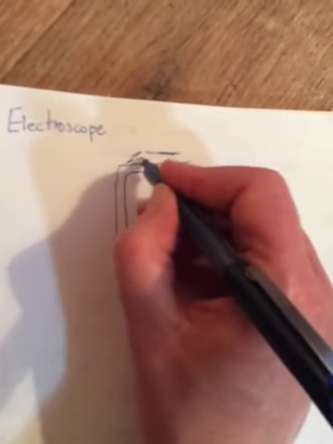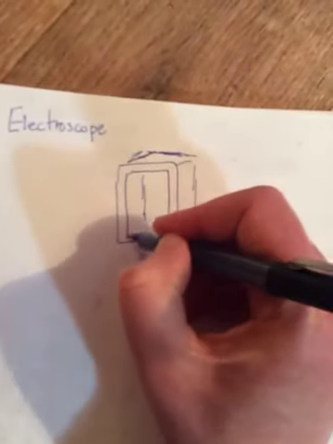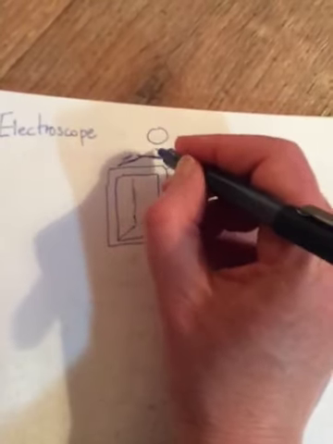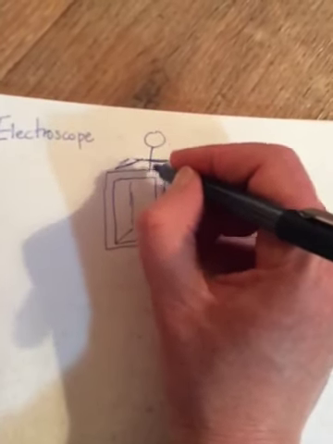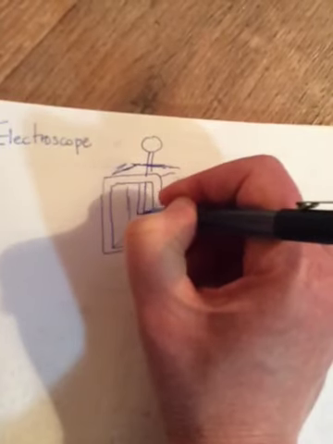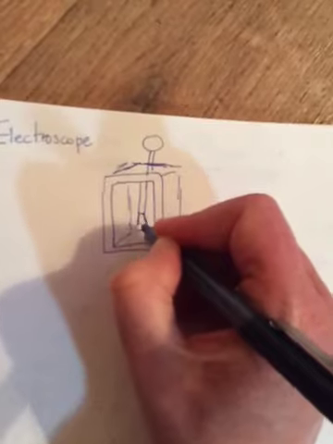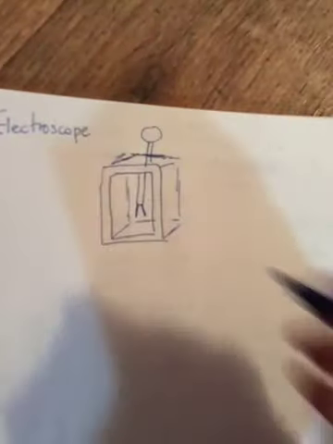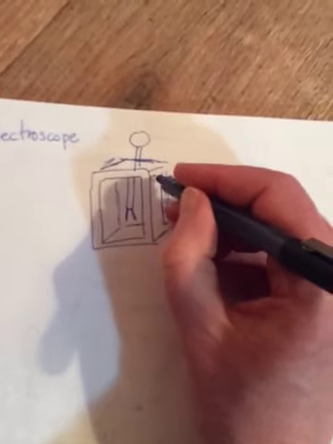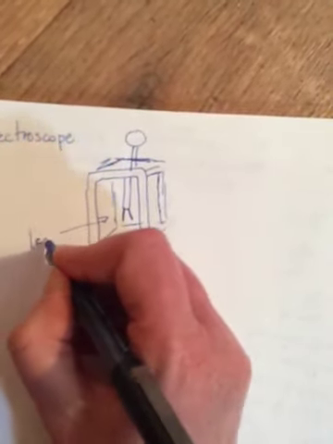On the top there's this metal ball with a metal rod attached, and the metal rod hangs down inside. And on the bottom of the rod are two thin pieces of tinfoil probably. We call them leaves. These are leaves. Okay?